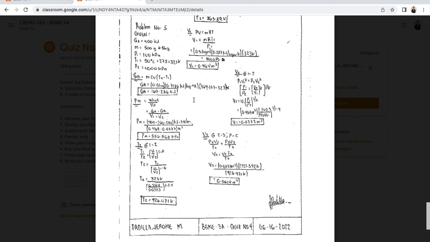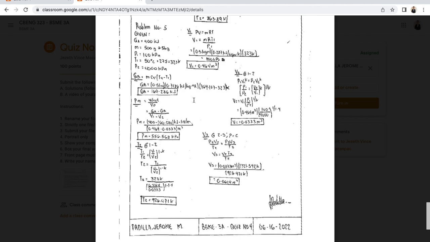For the T2, process 1 to 2, the formula is T1 over T2 equal to V1 over V2 raised to 1 minus k. Yung kukunin natin is the T2, so gagamitin is T1 over V1 over V2 raised to 1 minus k.